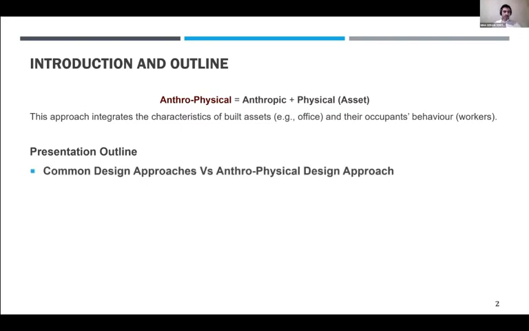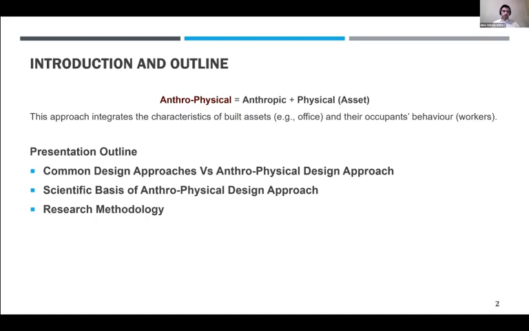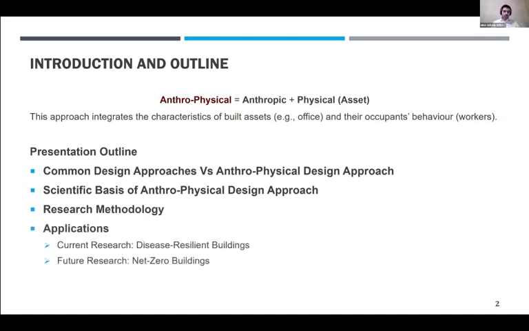So what I'm covering today is how it's different from the more established design approaches out there, and how it improves upon them. What is the science behind it? How does it happen, and what methodology are we using for this? Also, in the very end, I'm talking about two applications.